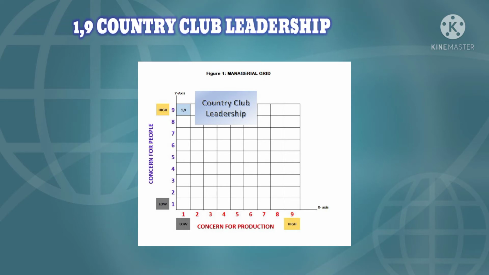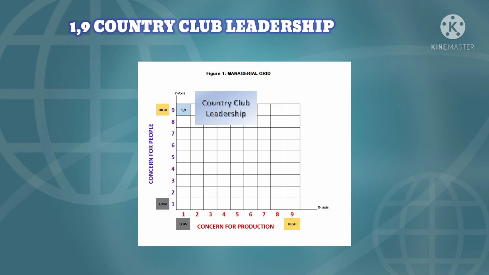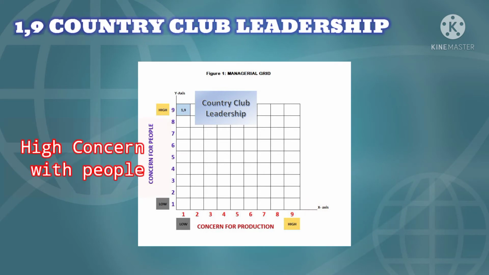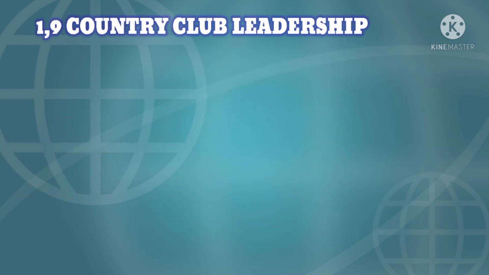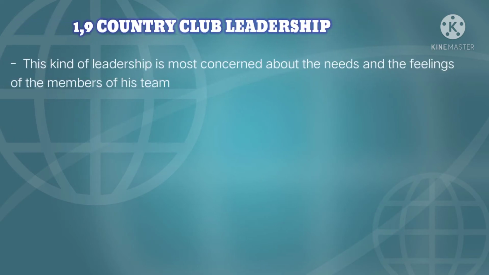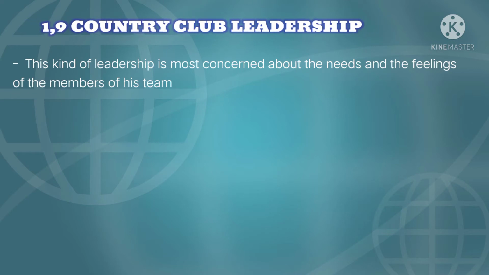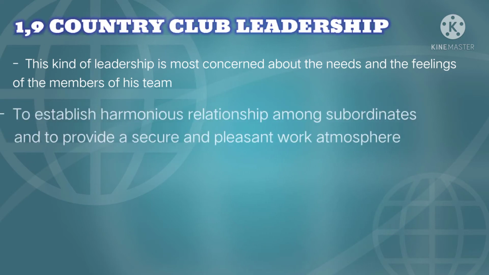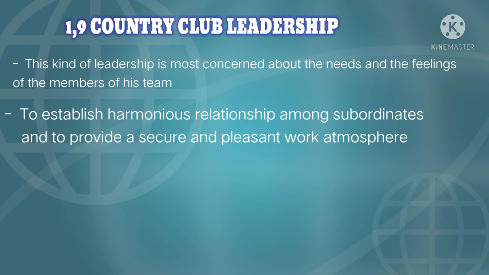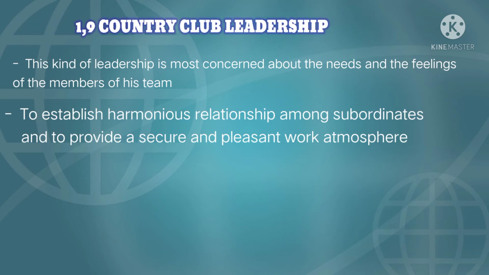This kind of leadership is the opposite of task leadership because it is characterized by low concern for production and high concern for people. This kind of leader is most concerned about the needs and feelings of the members of the team because they want to establish harmonious relationships among subordinates and provide a secure and pleasant work atmosphere.